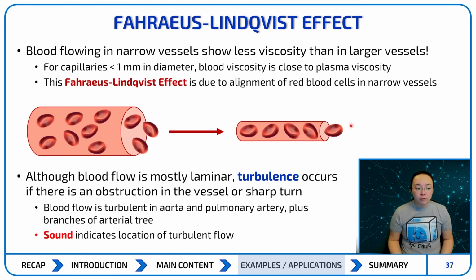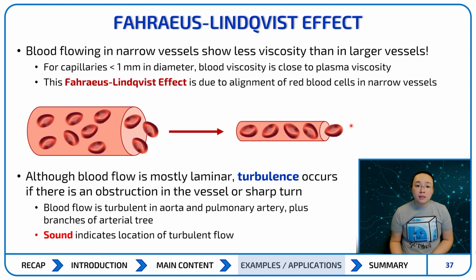So although blood flow is mostly laminar, turbulence occurs, and if there is any obstruction in the vessel or sharp turn, then there is going to be a turbulence effect. You might be asked, or you might be interested in knowing, where is blood flow turbulent?